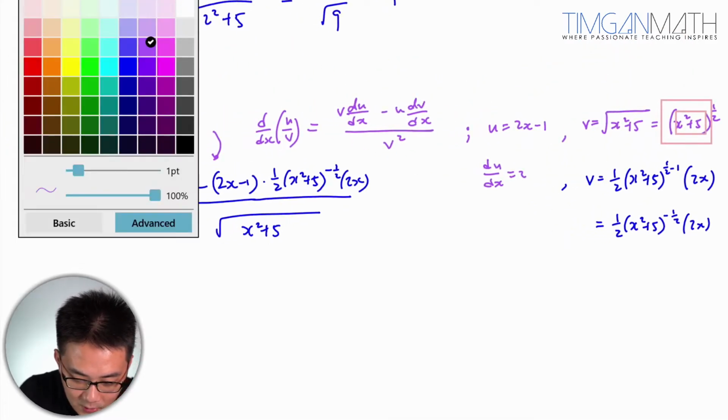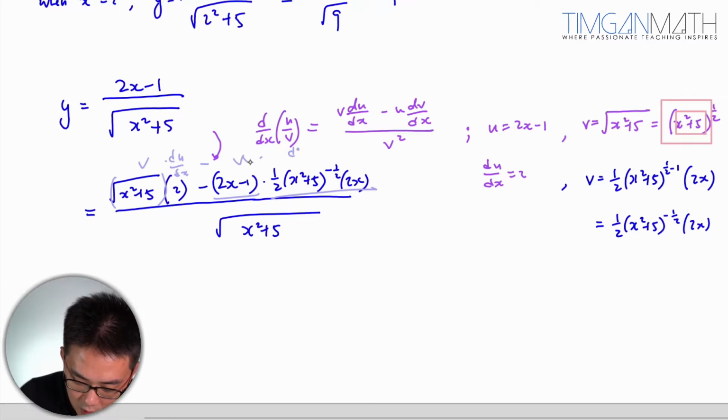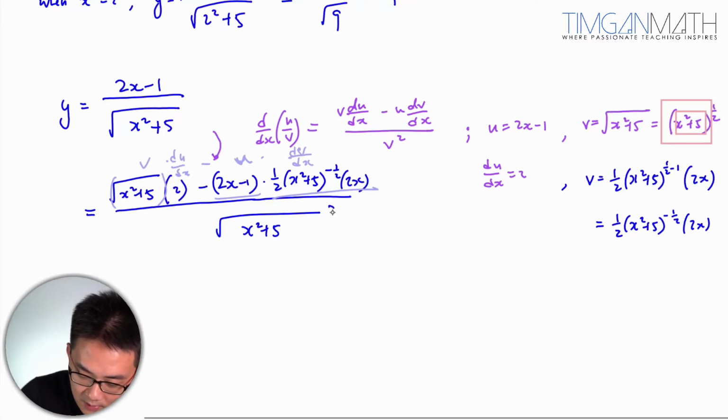Let me color code it nicely for you. This is my v, this is my du/dx, minus u times dv/dx. That's how we do it, and the denominator will be v squared below.